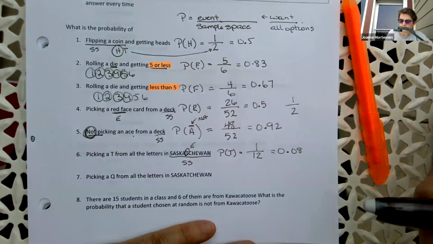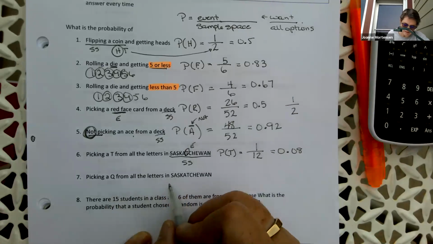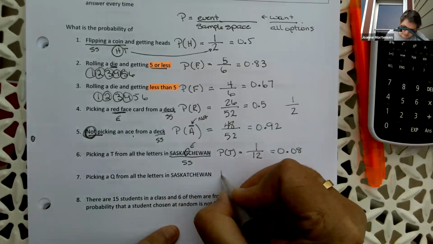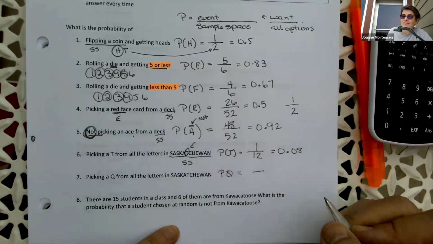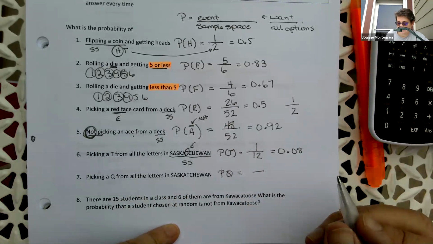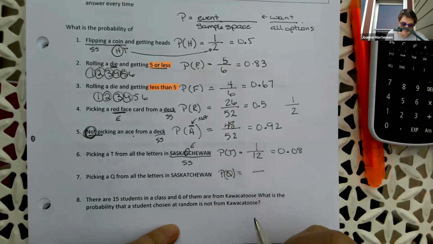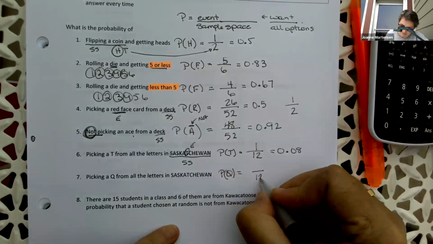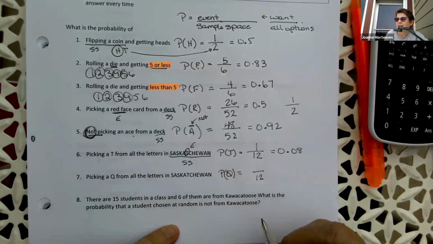No worries. All right, picking a Q from all the letters in Saskatchewan. Now, don't necessarily think I've screwed up the question. It's okay. I meant it to say this. My sample space is still 12, but if you go to look, there are absolutely no Q's there.